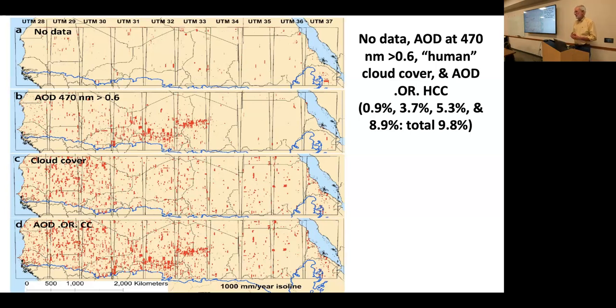And we had about a 95% success rate in that comparison. And for aerosol optical depth at 470 nanometers, we looked at the data above an aerosol optical depth of 0.6, and that totaled about 4% of our area, and that's in the B panel.